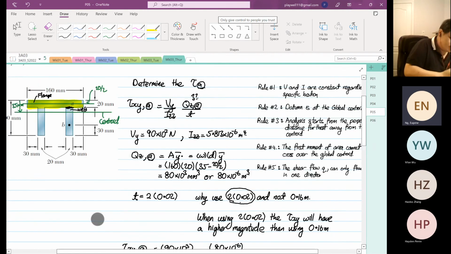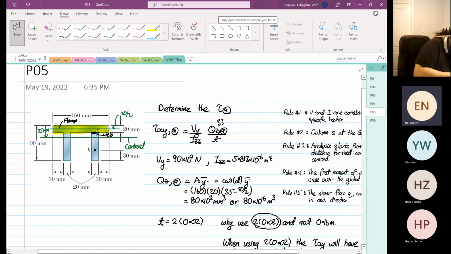Why twice 0.02? If I were to draw an arbitrary line over here, the shear stress will be carried by this section over here and also this section over here. So the shear flow will, so over here you have your V.